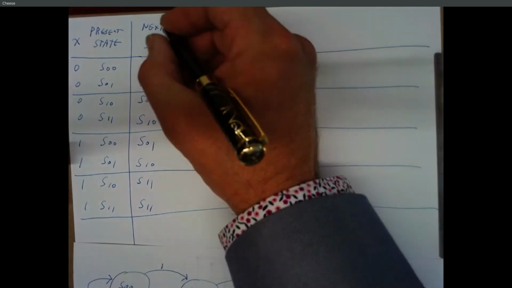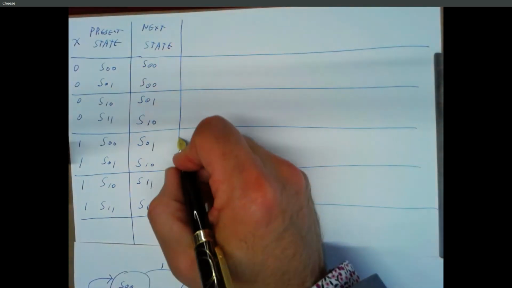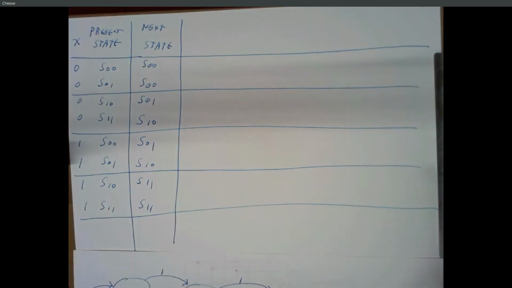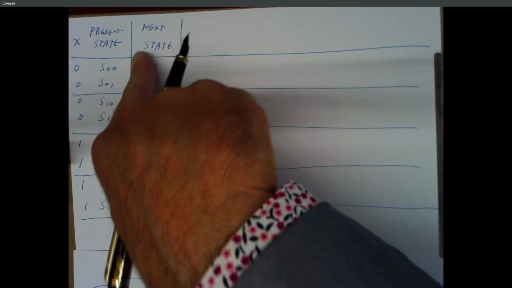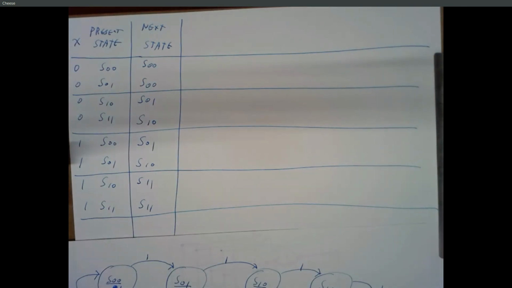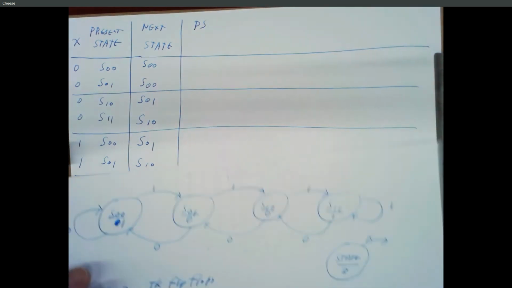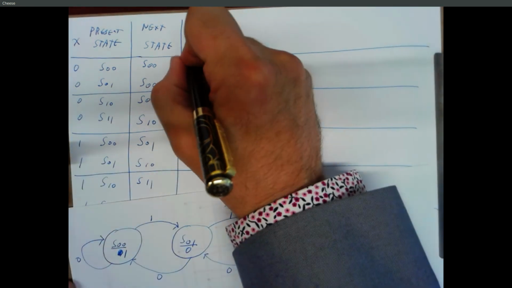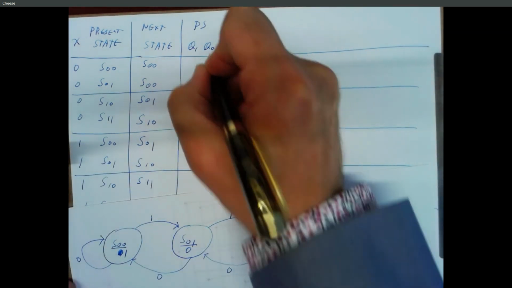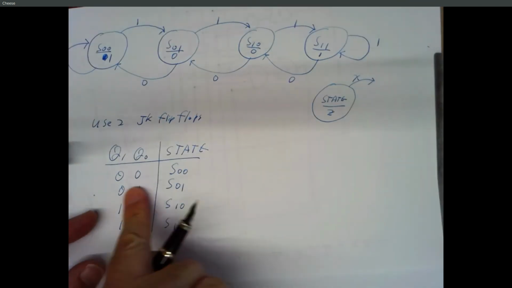All right, what goes next? Yeah, let's put in the Qs because we can't really work with names like this. Let's put in the Qs. So let's write present state, and we're going to use Q1, Q0. So now I'm just filling in from our state table.